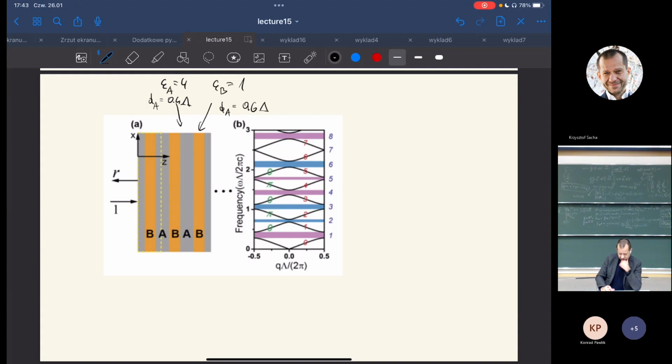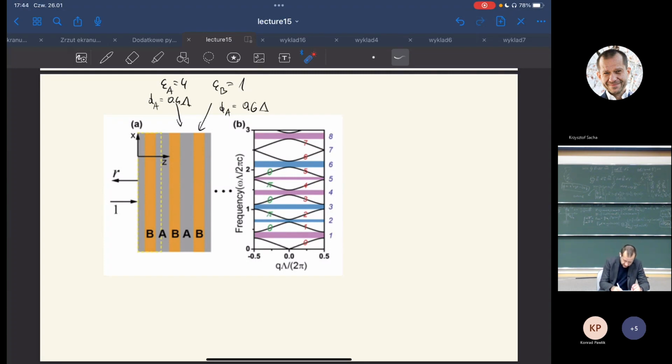And in this case the solution for the Bloch waves can be quite easily found because in each layer we have constant dielectric constant, and then that means that in each layer we have simply the plane wave solution, and the only problem is that we have to glue different solutions together by imposing the continuity condition.